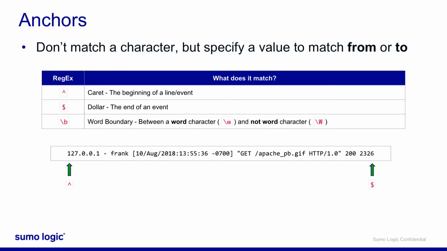Now, the \b is a word boundary, which exists between a word character and a non-word character. Sounds obvious. The reason I haven't put any arrows there is because I had one in an original slide, and on the first review, someone said, "Why do you have a slide with 37 arrows on it?" It didn't make a lot of sense.